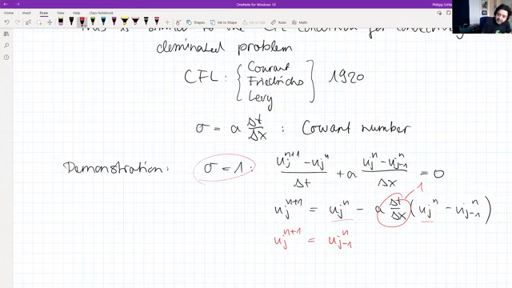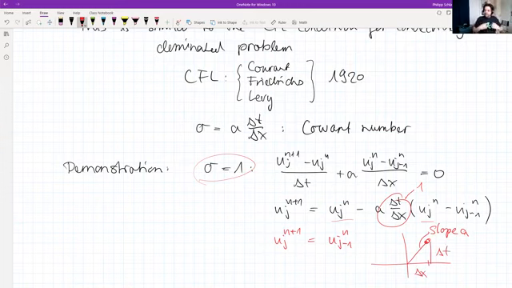So the speed that I can construct with delta x and delta t is exactly the speed that I would have. So if I plot that, if this is my characteristic, so the slope a, then this is delta x and this is delta t. So I have exactly reconstructed the slope of the characteristics with the help of delta x and delta t.